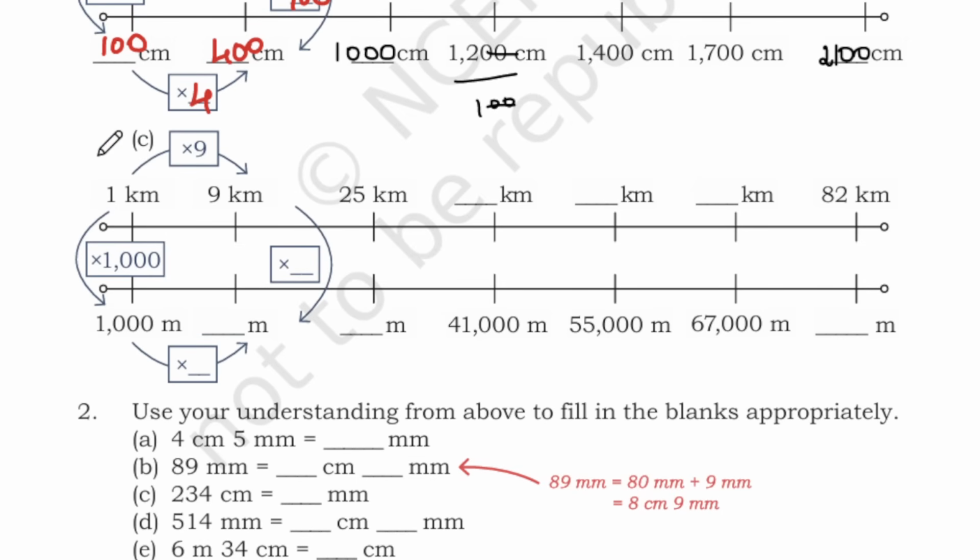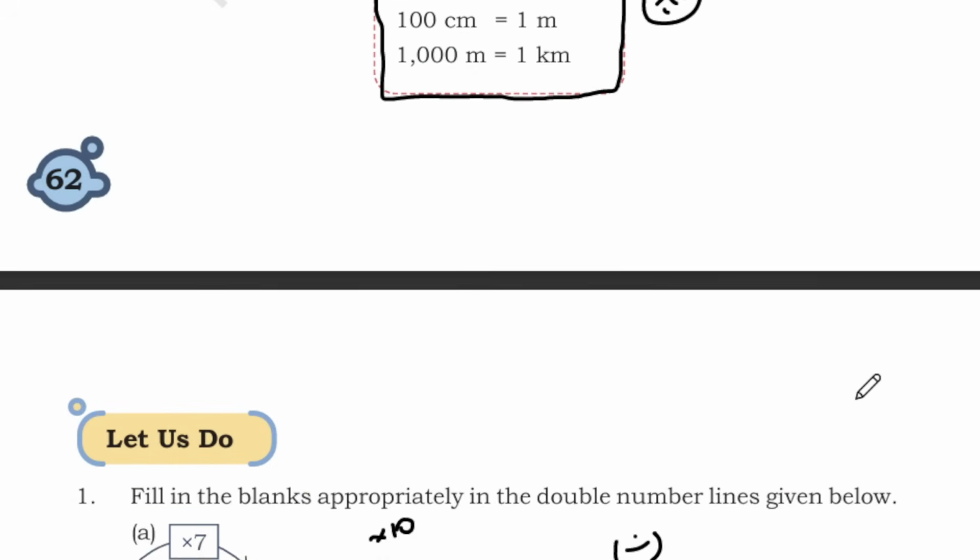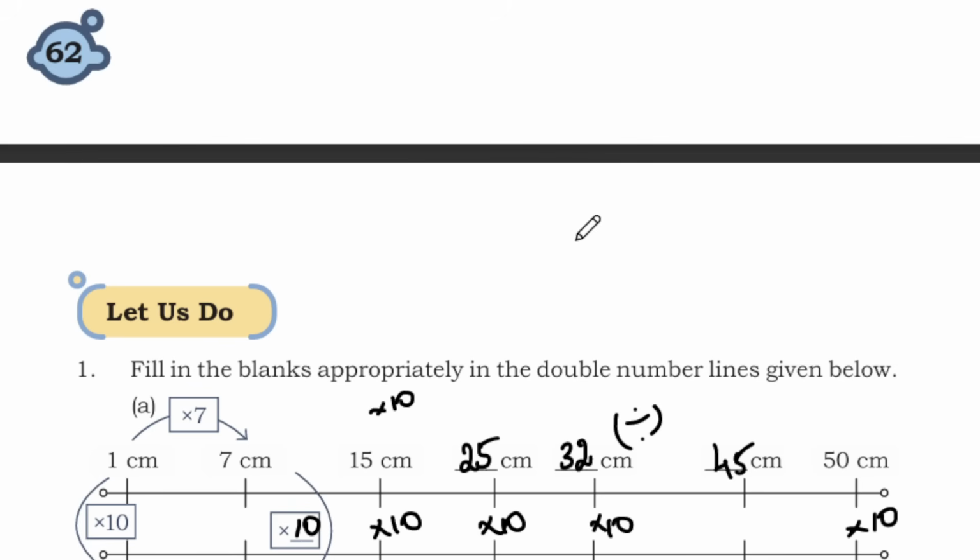Okay, next we will see C. So here before making this, I'm going to write 1 kilometer is equal to 1000 meter. Okay, these three things are going to play a very major role here. 10 millimeter.